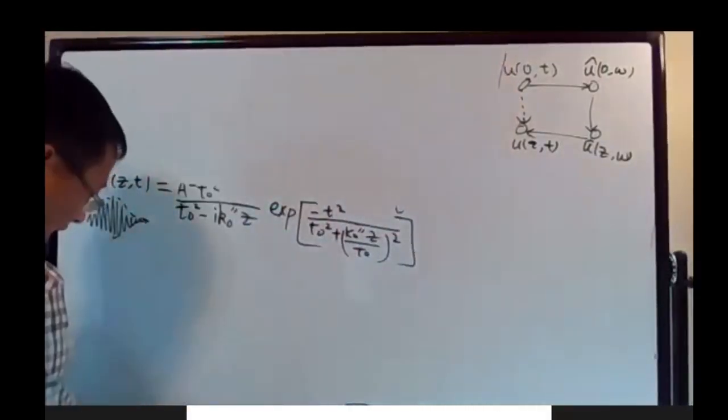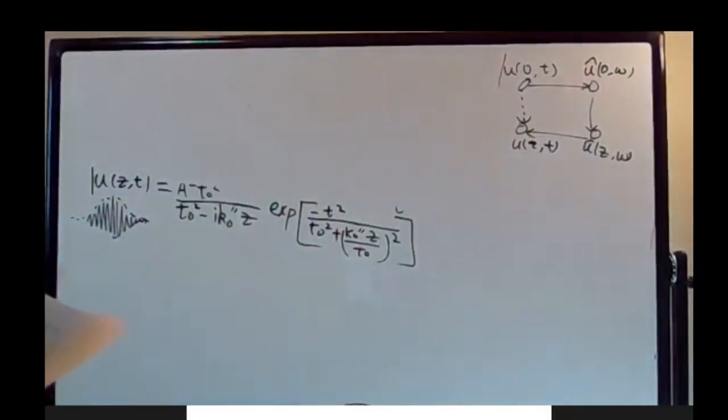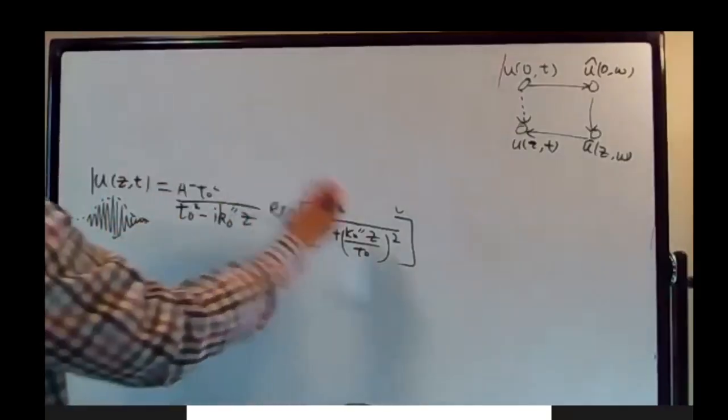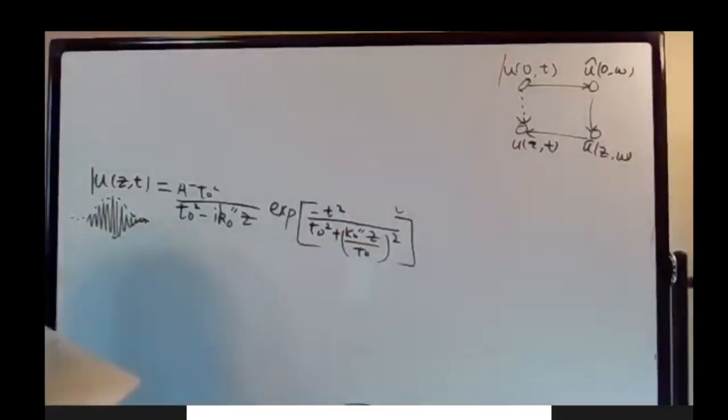Okay, now what we have is this equation. Instead of analyzing the amplitude, we only look at the pulse width. How would this pulse width vary as you propagate along the fiber or a waveguide?